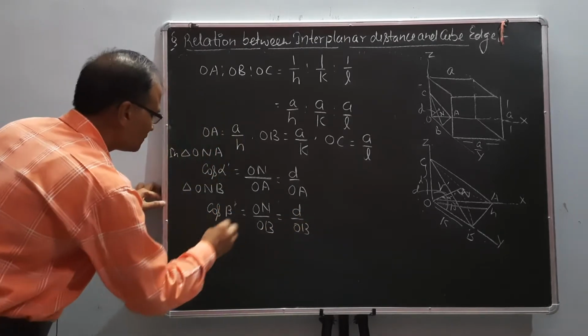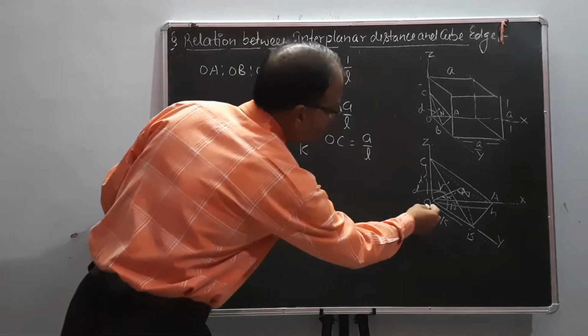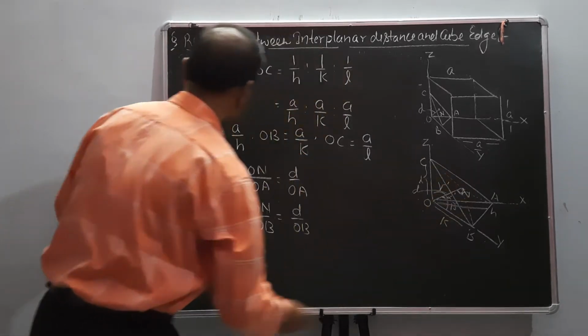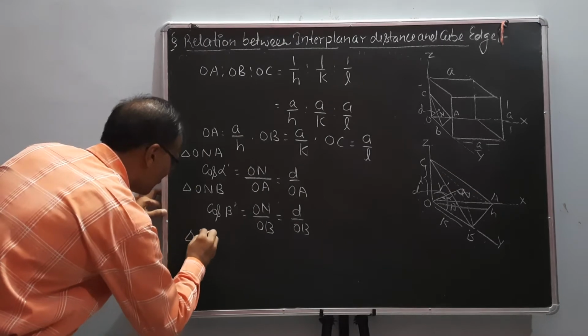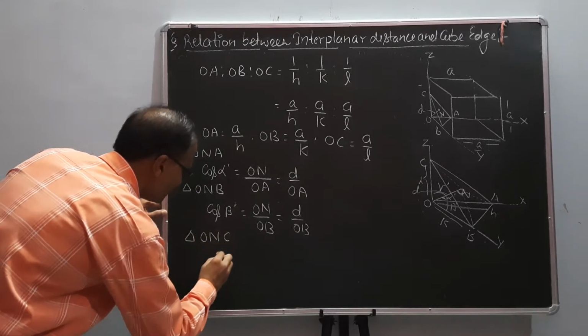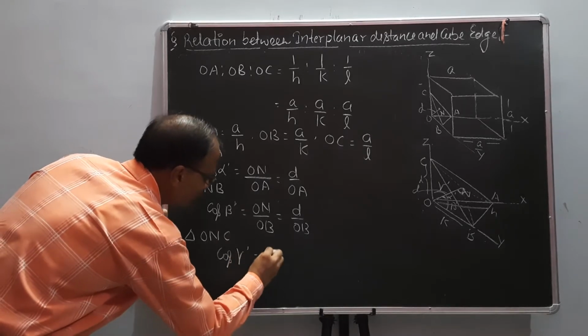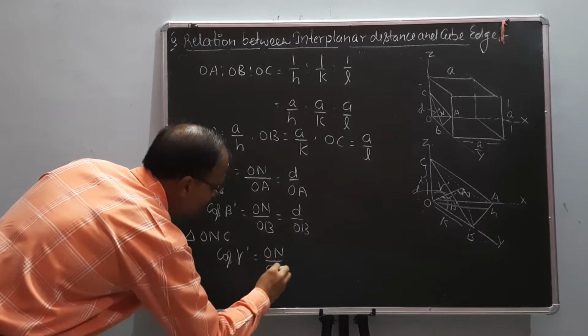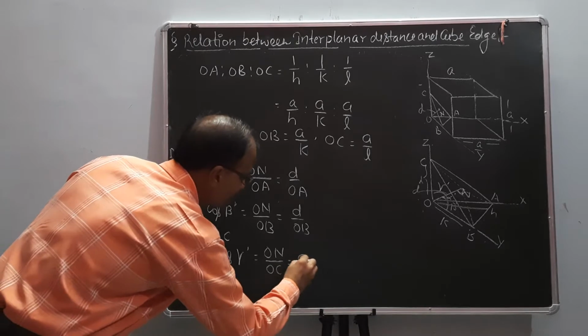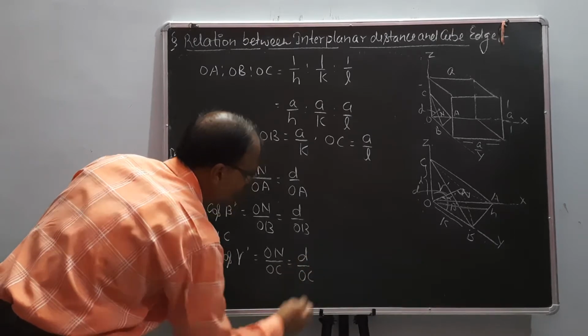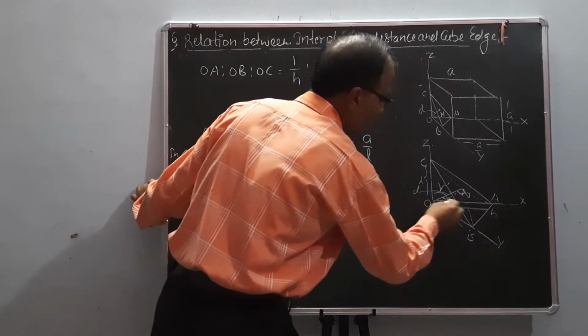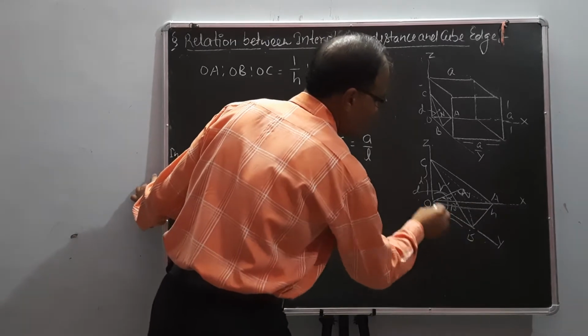And the third one, triangle ONC: cos gamma dash equals ON upon OC, that is d upon OC.